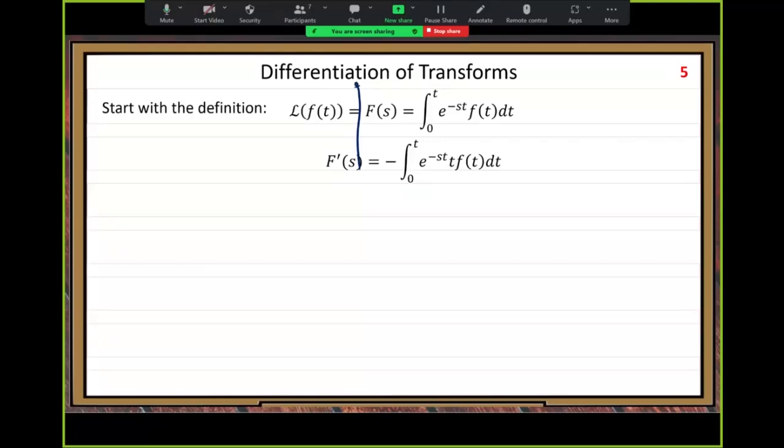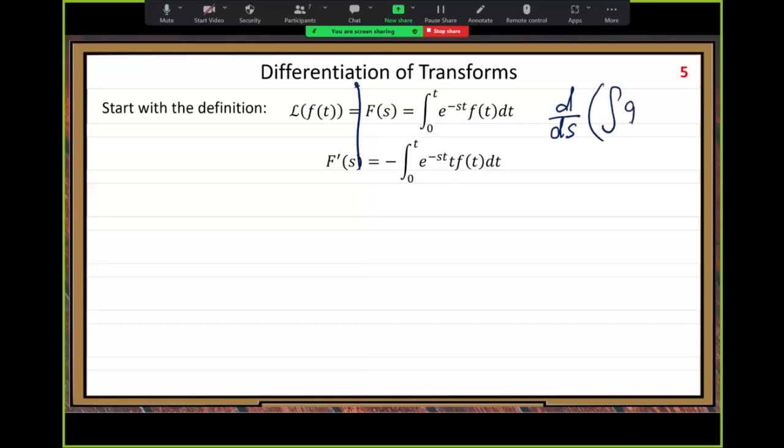That means you take d over ds of that integral.